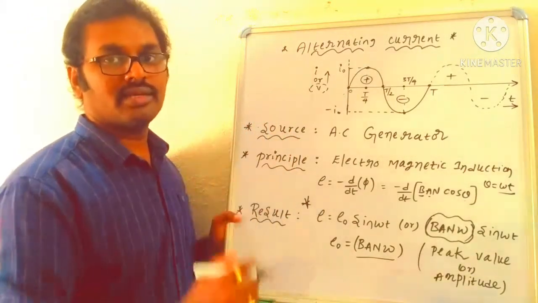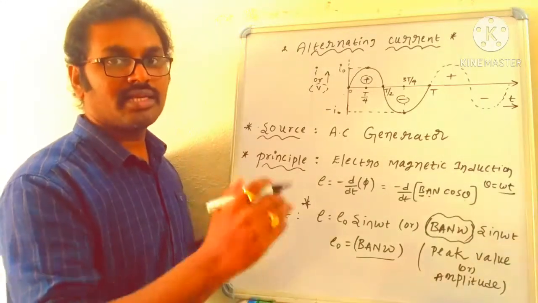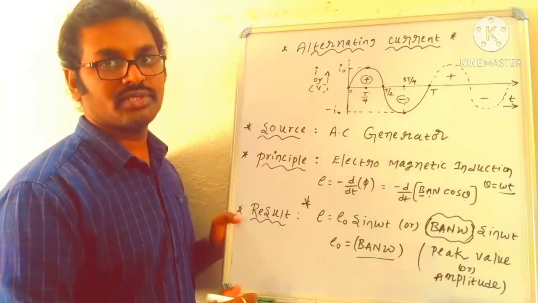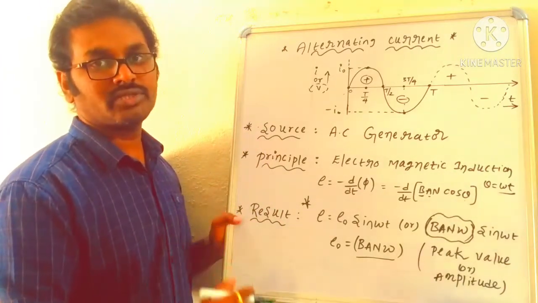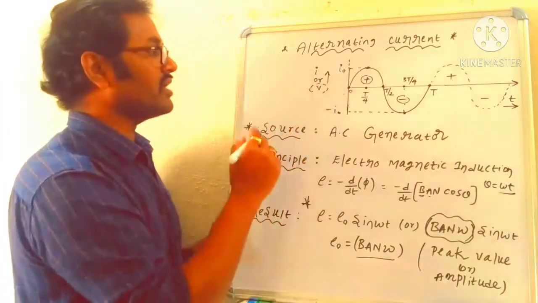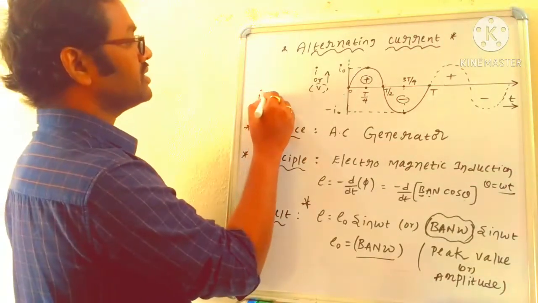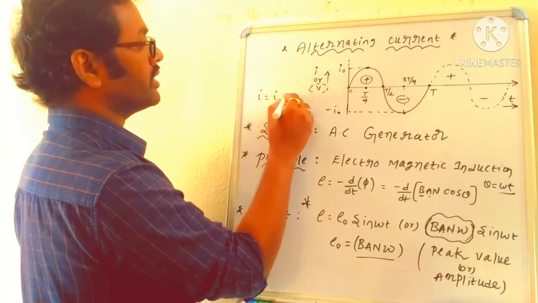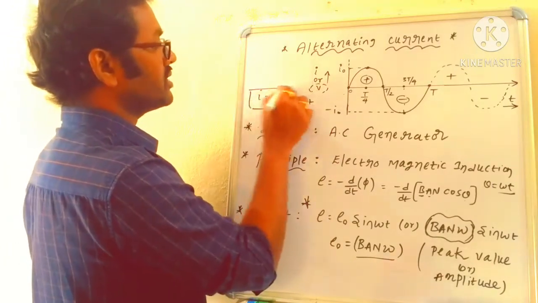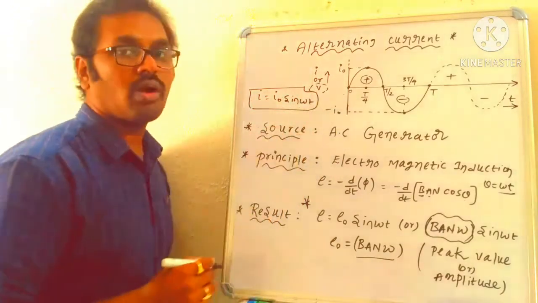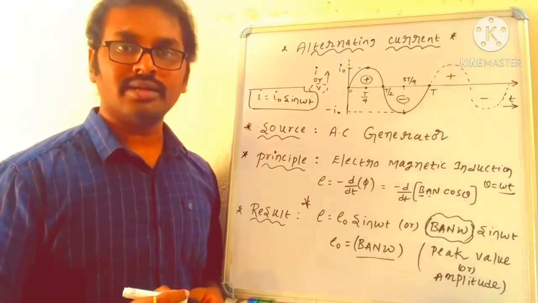In this manner, this alternating current is produced, whose value changes with respect to time and satisfies the equation I is equal to I naught sin omega t. This is the reason this wave is also called sinusoidal alternating current.